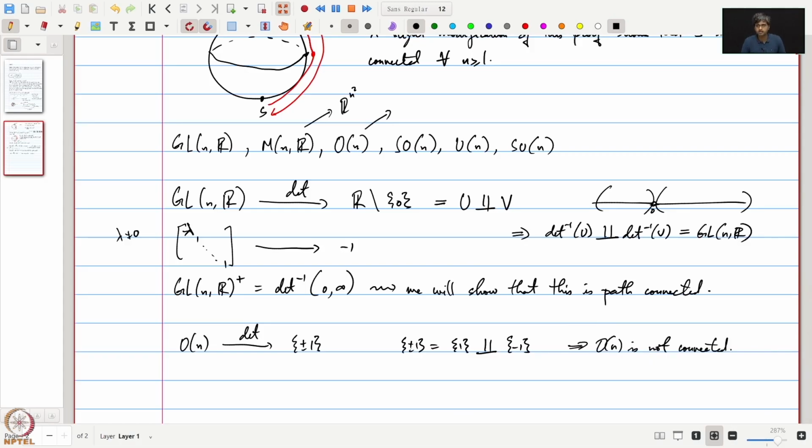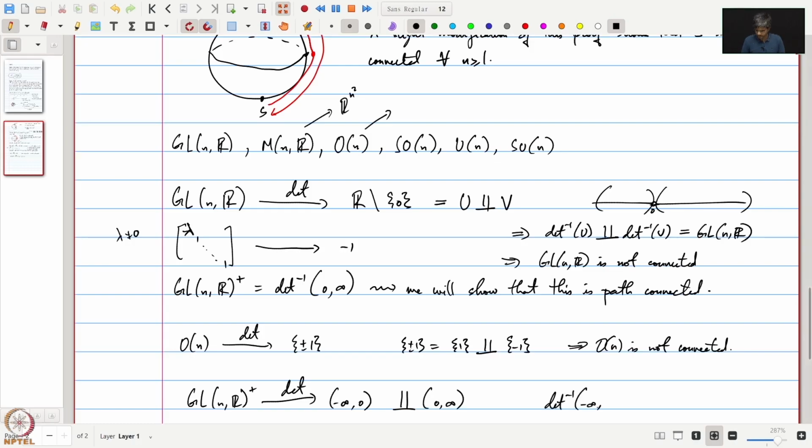So it's important to say that the determinant is surjective, because if you look at GL_n(R)^+, which is connected, the determinant map lands inside (minus infinity, 0) disjoint union (0, infinity). But the inverse image of (minus infinity, 0) is empty over here, so this does not show that GL_n(R)^+ is disconnected.